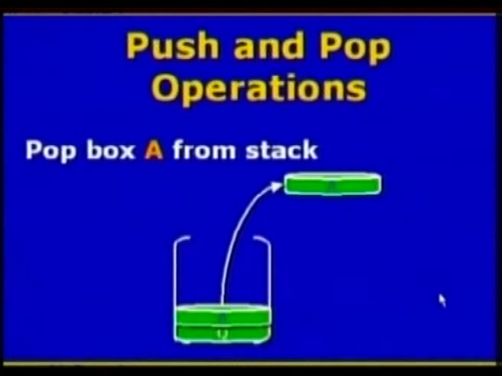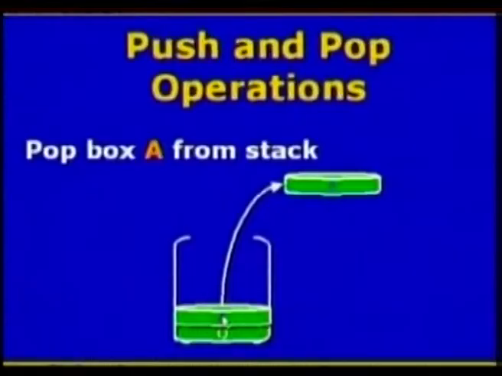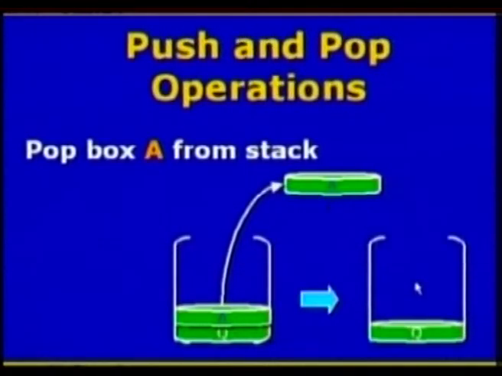If I would like to pop an entry now, to retrieve an entry from the stack, then here's my stack. The item that I can retrieve right away in one shot is item A. So I can now retrieve A. And after this operation, I'm going to end up with a stack containing just one item, and my pointer is pointing now here.